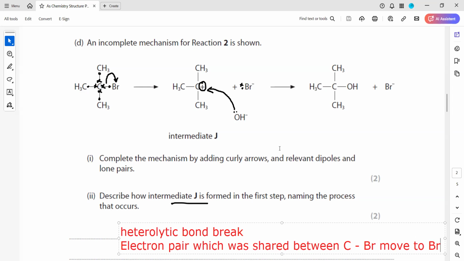That's why bromine has a negative charge and the carbon has a positive charge. Is that clear?